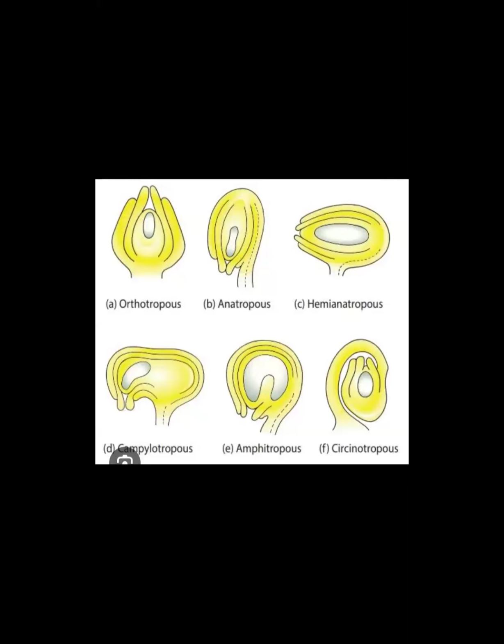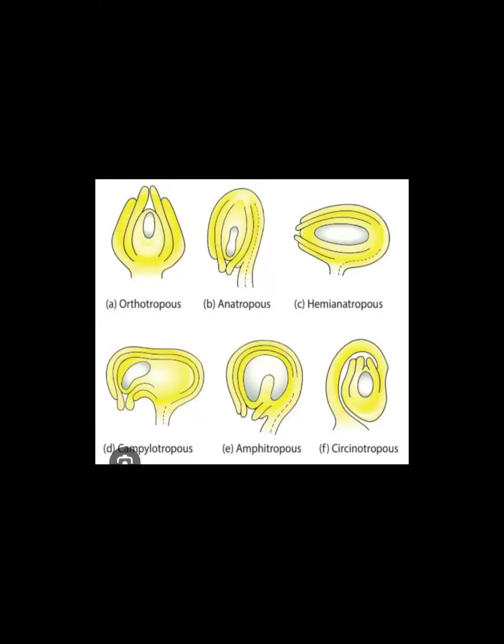In the hemianatropous type, the body of the ovule takes a turn by 90 degrees only. This is the main thing. The anatropous ovule is inverted through 180 degrees, but in the hemianatropous, the body of the ovule takes a turn by 90 degrees only, so that it is horizontally placed on the funicle. The micropyle and chalaza are on a horizontal line, and the funicle lies at right angles to the line.